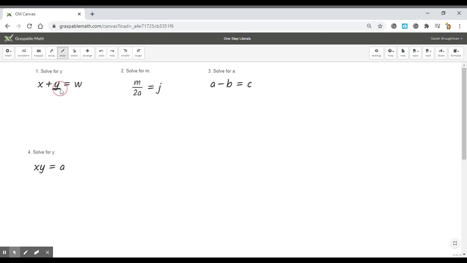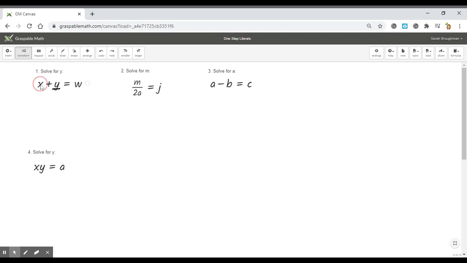Y is right here. We don't want to move y, we want to keep it there and move everything away from y. With Graspable Math, we can actually pick up and move our math. So I want to move this x away. The inverse operation, or opposite operation, of positive would be minus.